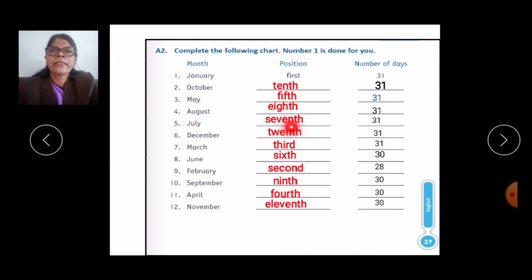July 7th, 31. December 12th, 31. March 3rd, 31. June 6th, 30. February 2nd, 28. September 9th, 30. April 4th, 30. November 11th, 30. So remember that, children.